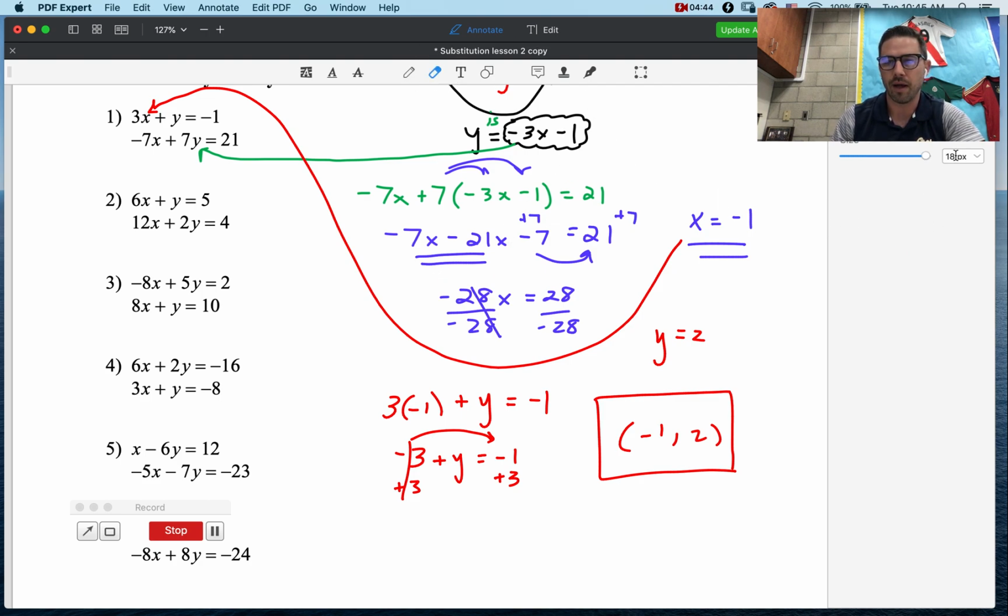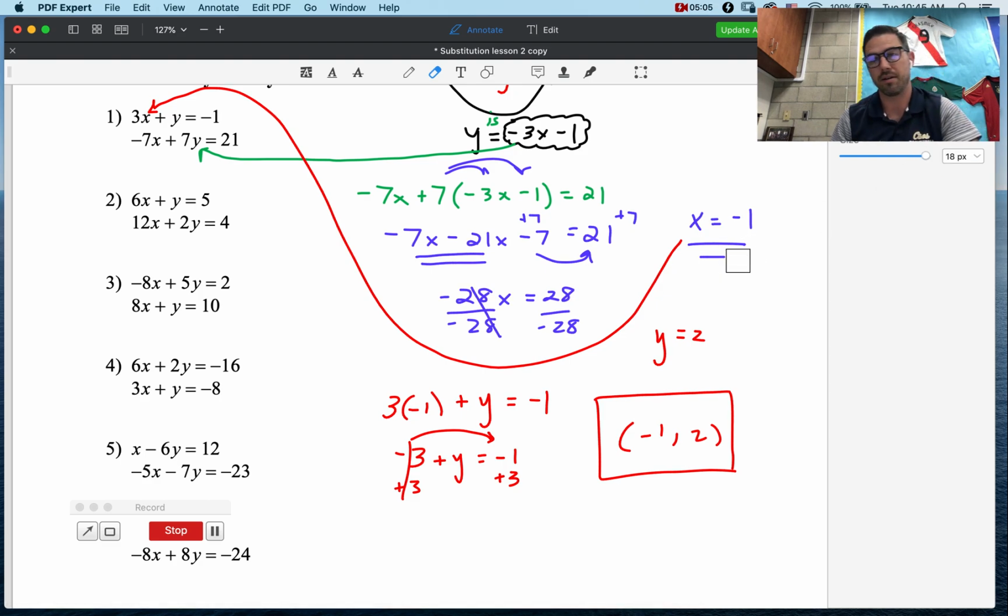I'm going to make my eraser bigger. What about 20? Oh, why not 30? Ah, holy smokes. My AirPods just went crazy right there. I don't like that.